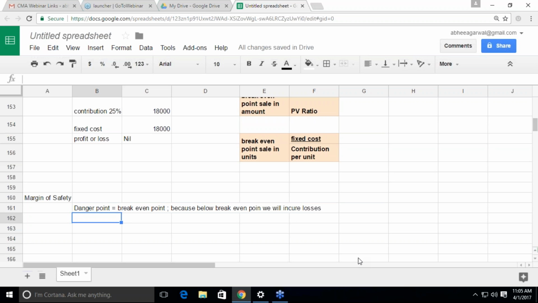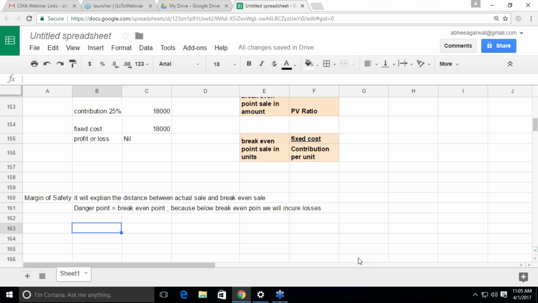How much margin of safety will explain the distance between actual sale and break-even sale.